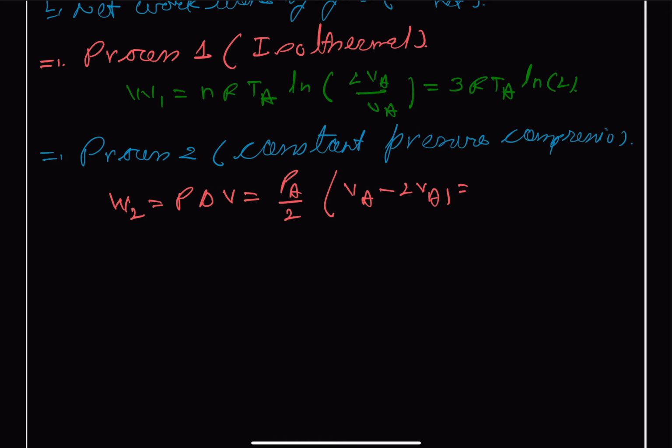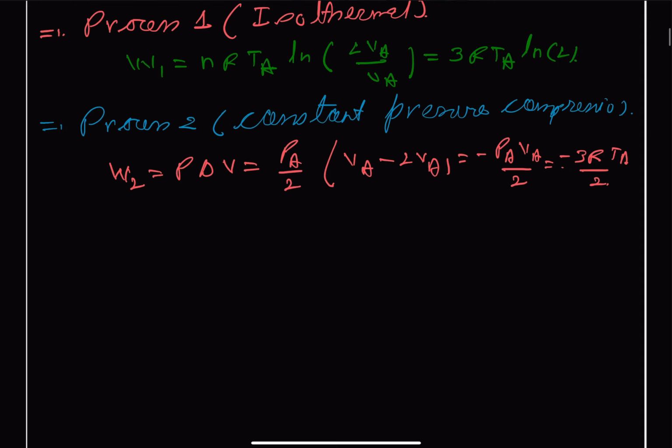This is equal to minus PA VA upon 2, or this can also be written as minus 3RTA divided by 2, because we have used that PA VA is equal to nRTA. Based on this we can easily get this equation.